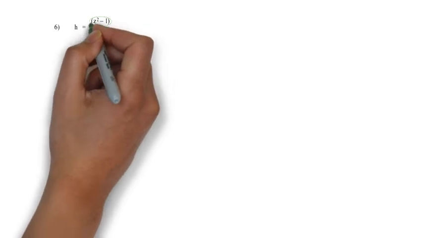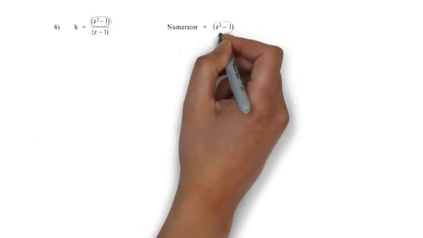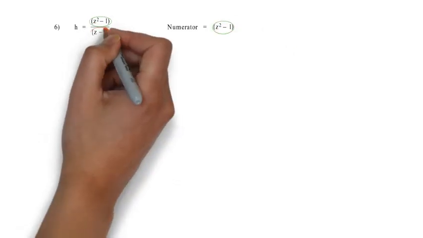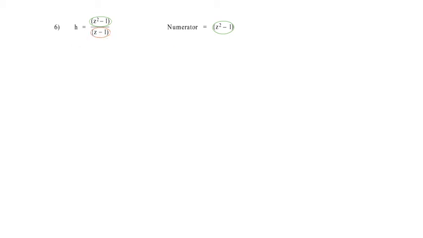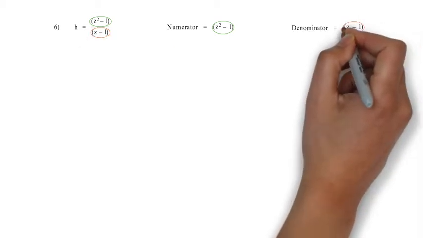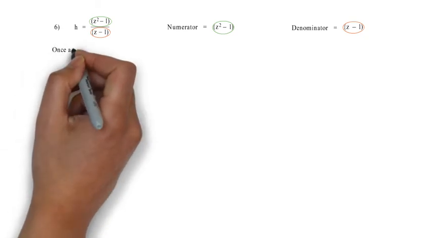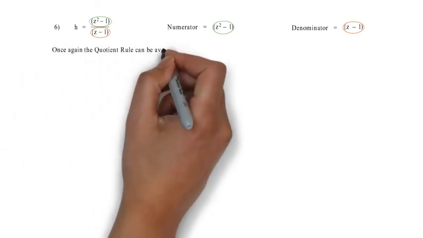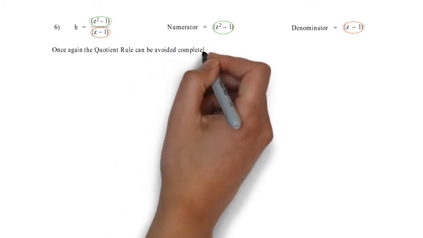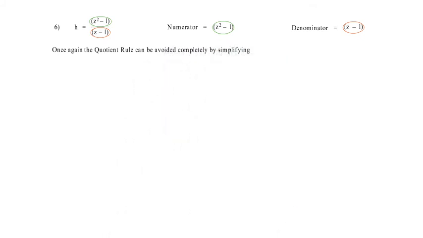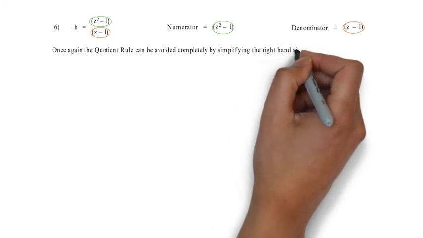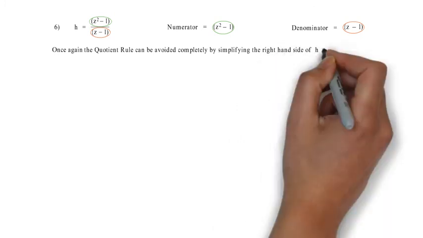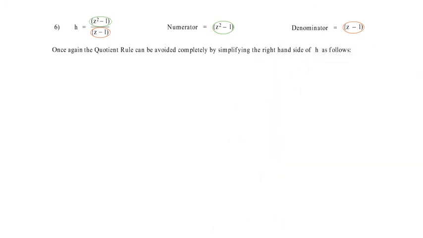6. Z squared minus 1 is the numerator and z minus 1 is the denominator. Once again, the quotient rule can be avoided completely by simplifying the right-hand side of h as follows.